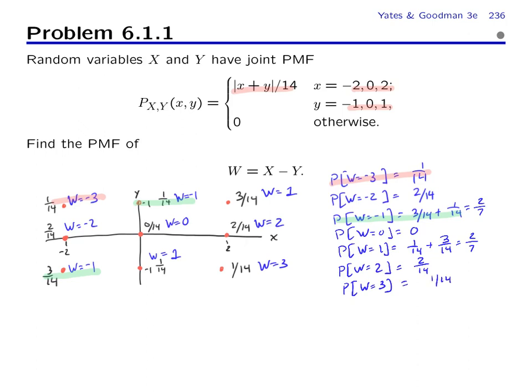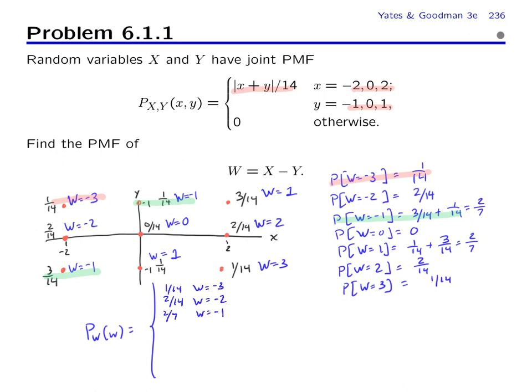And finally, if you want to be neat and tidy, you write this as a nice PMF, and it's equal to 1/14th at w equals minus 3, 2/14ths at w equals minus 2, 2/7, 4/14 at w equals -1.